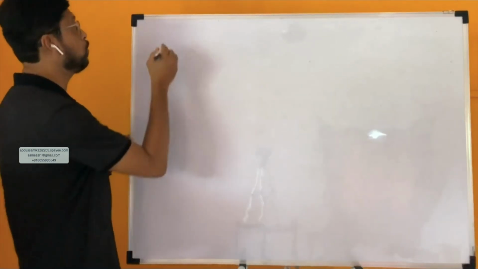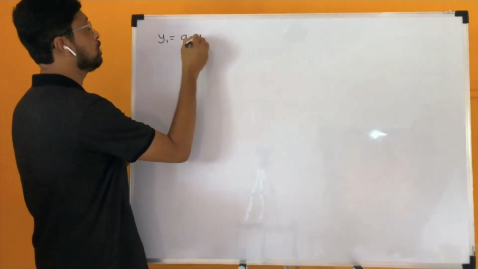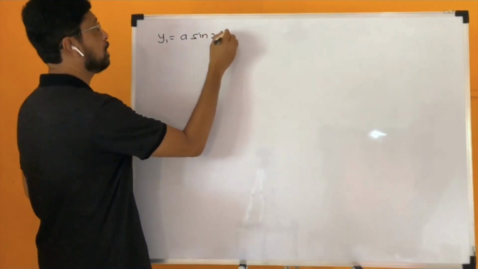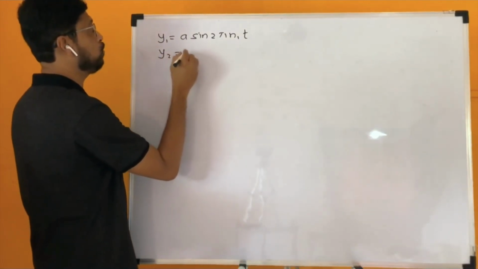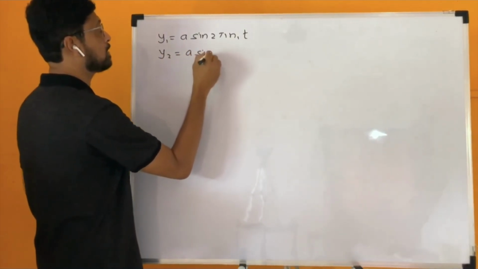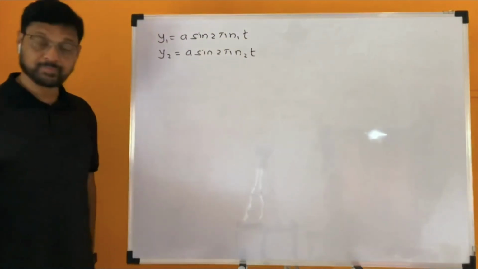So suppose we consider two waves having slightly different frequencies. Suppose y1 is equal to a sin 2 pi n1 t and y2 is equal to a sin 2 pi n2 t.